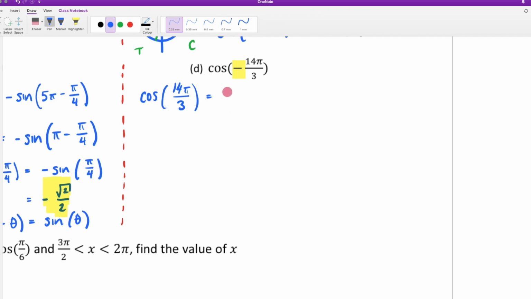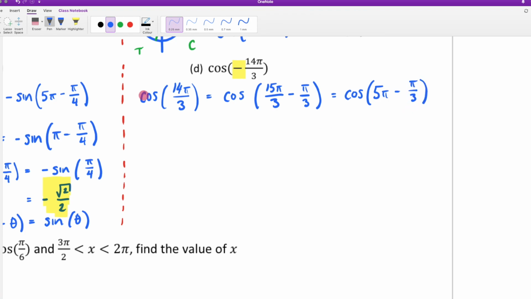So what I'm going to do is break that up into 15 pi over 3 minus pi over 3. Now that we're here, let me keep working this way. That's going to be the same as cos of 5 pi minus pi over 3.